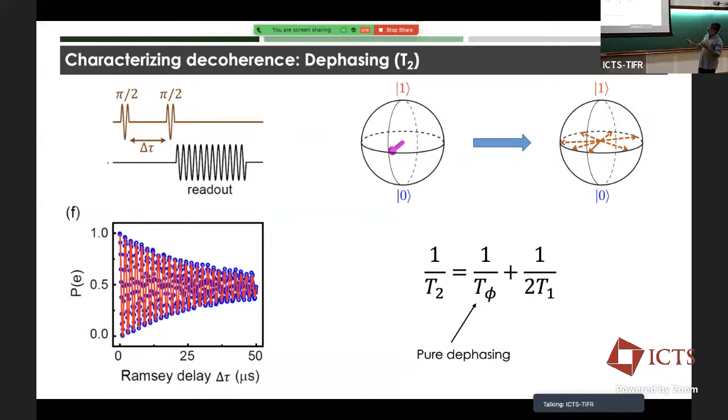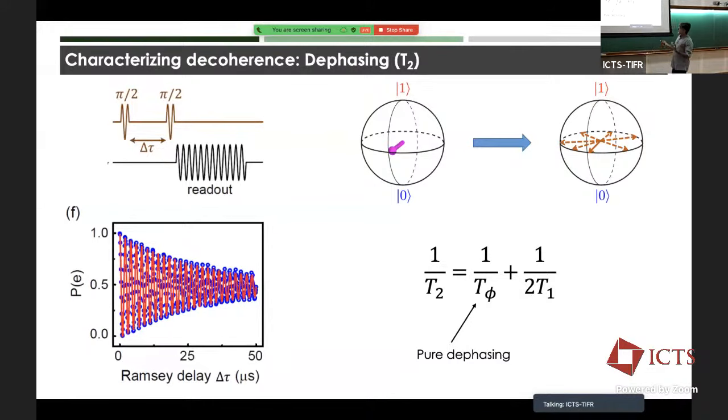So the echo experiment allows you to get rid of the lowest frequency part of the noise in your qubit's frequency fluctuation. It's often used as a standard protocol in many sequences to undo this effect. But if the frequency is varying much faster than this time scale, then that cannot be removed.